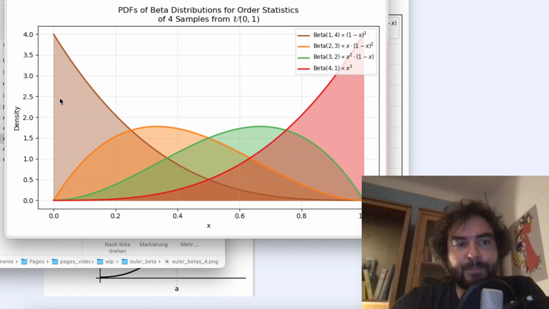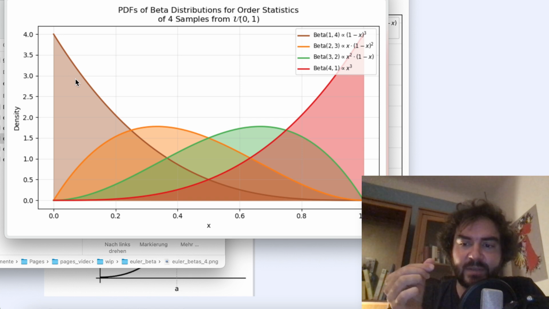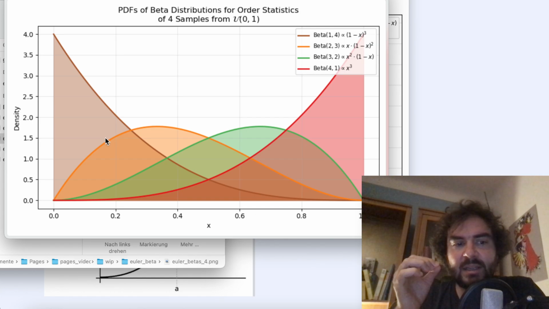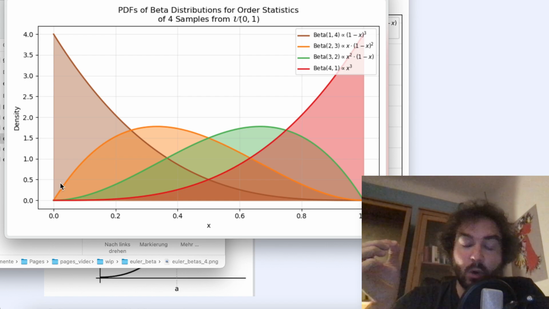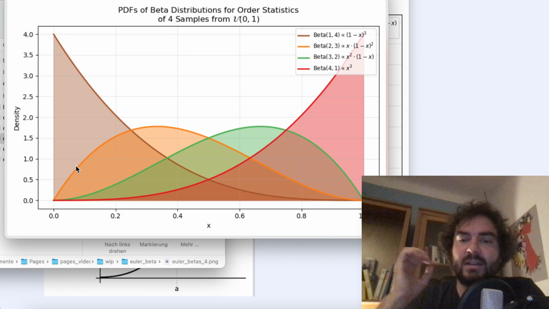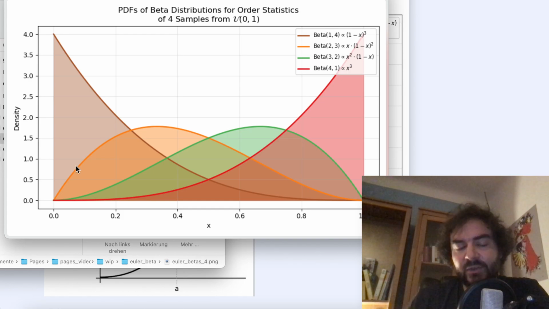The minimum, this brownish one here. You look at the smallest value. Of course, it has the chance to be quite small, and so this goes up here. Whereas the second smallest value, the orange one, it's clear that the probability of this value going to 0 also goes to 0, because the sample from the minimum must always by definition lie below it.